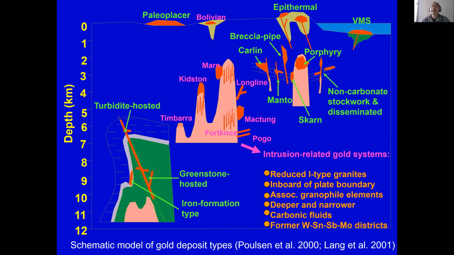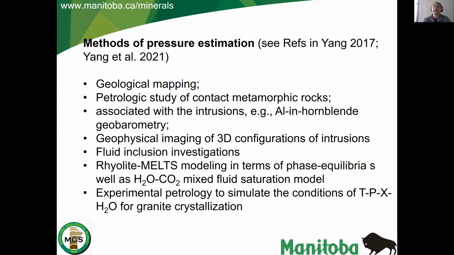So far, there are many ways to estimate crystallization pressures, like geological mapping to reconstruct the stratigraphic column overlying the granite intrusions. This is pretty time consuming, but very useful for surveys or companies. We also use petrological studies of the contact metamorphic rocks around the granite intrusions.